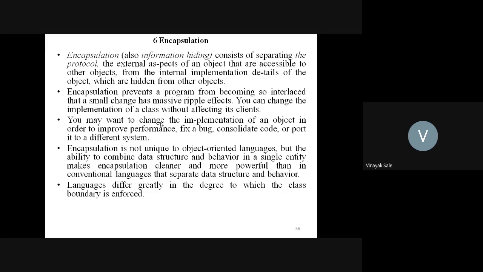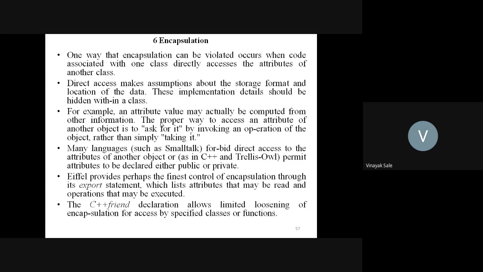Languages differ greatly in the degree to which the class boundary is enforced. One way that encapsulation can be violated occurs when code associated with one class directly accesses the attributes of another class. Direct access makes assumptions about the storage format and the location of the data.